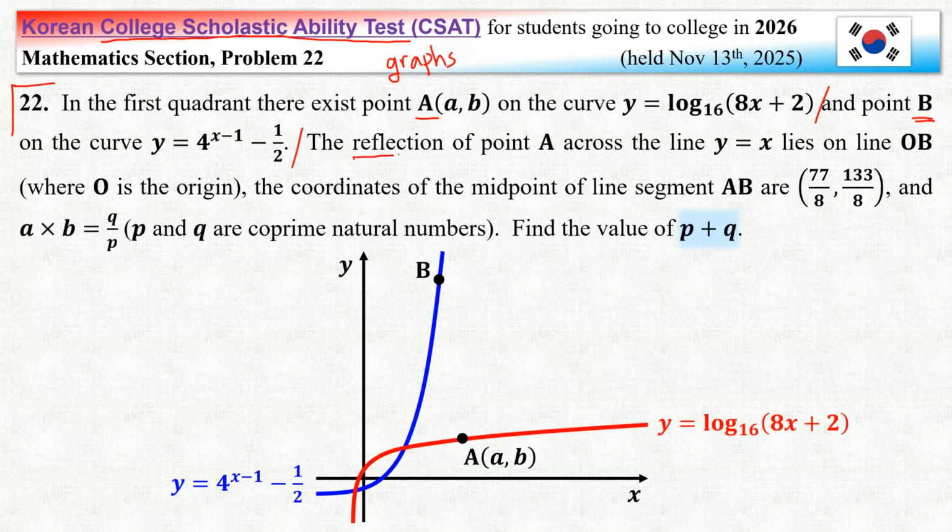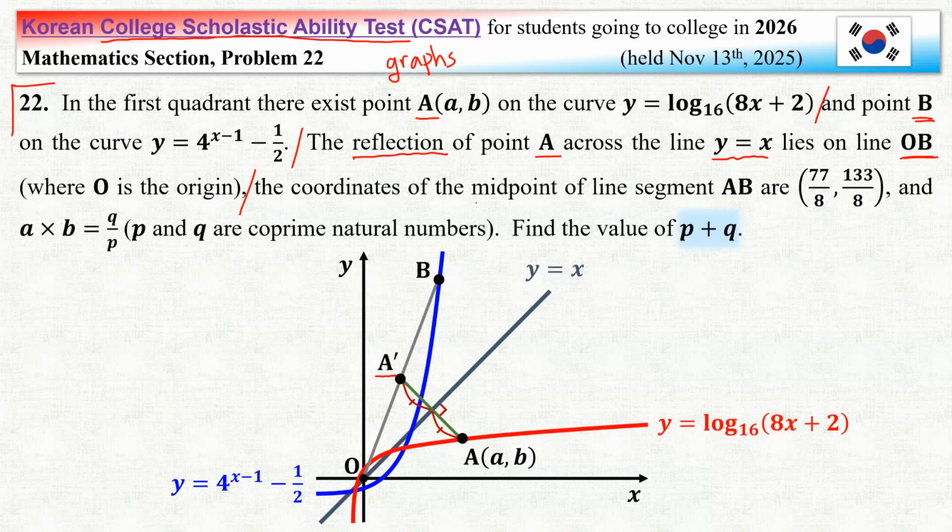Moving on. The reflection of point A across the line y equals x lies on line OB, where O is the origin. So this is the reflection of A across line y equals x, which I will call A prime. So this point A prime lies on the straight line OB.